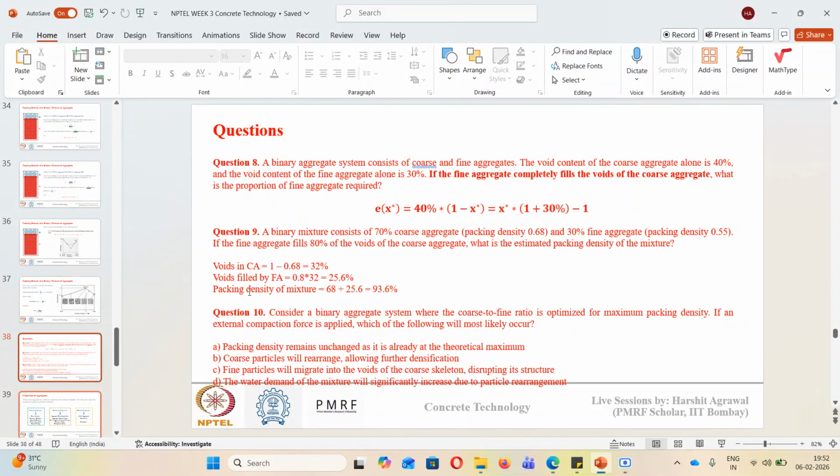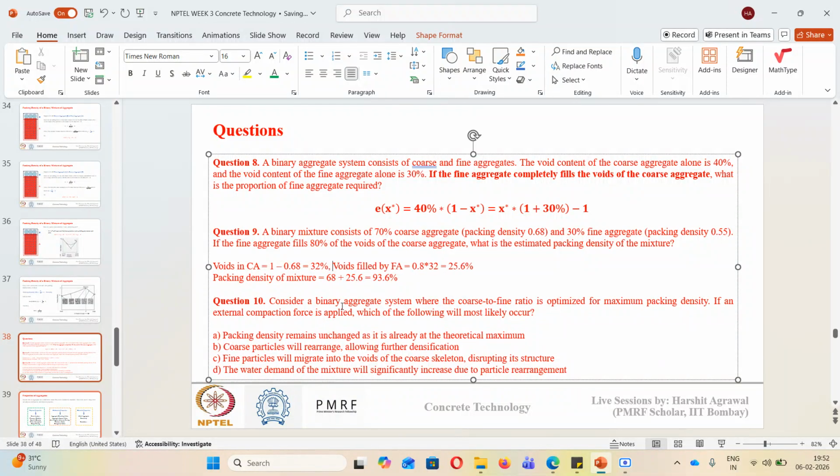Can anyone tell me the answer for question number 10? If we consider a binary aggregate system which has a coarse to fine ratio optimized to get maximum packing density, and I have maximum packing density and still I apply a compaction force, what will happen? Can anyone guess the answer?